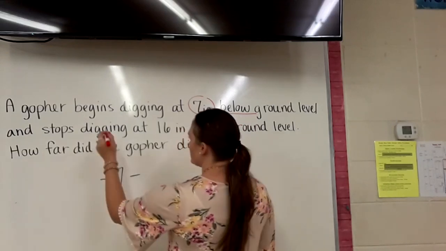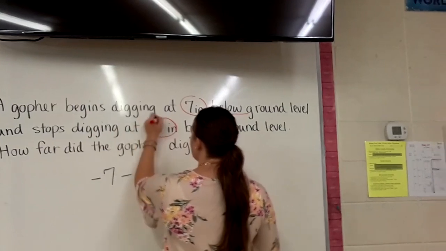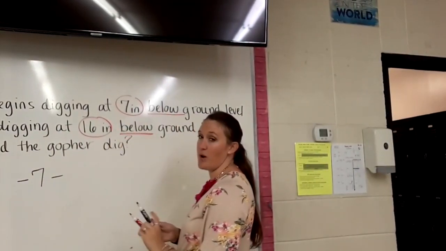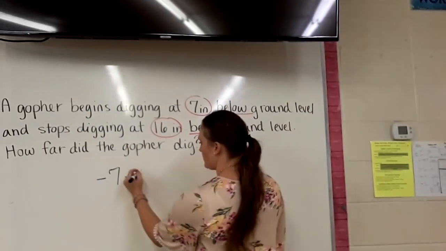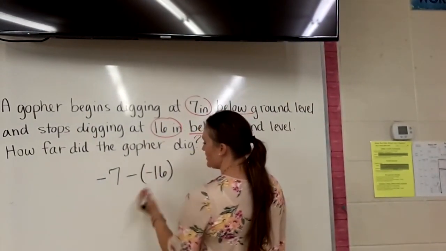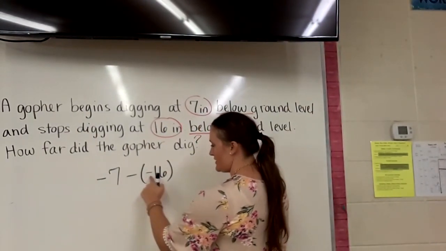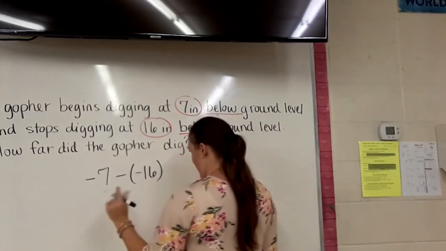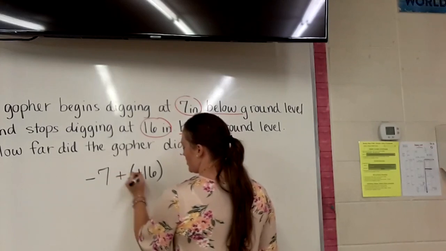Then he stops digging, here's another number, at 16 inches below ground level again. So we know it's represented by another negative integer. So I have negative 7 minus negative 16. Now using our rules, we have keep, change, change.